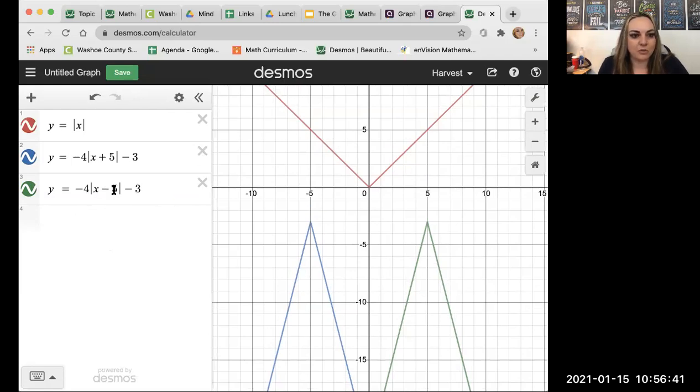So you would start with the point 5 and -3, put a point, then apply the slope. Down 4 over 1, down 4 over 1. And if you go down 4 over 1 this way, you're going to have down 4 to the left on the left side. And that's how you graph the absolute value function.